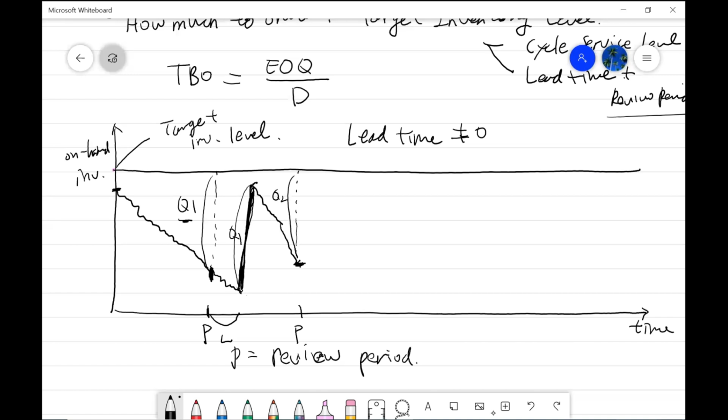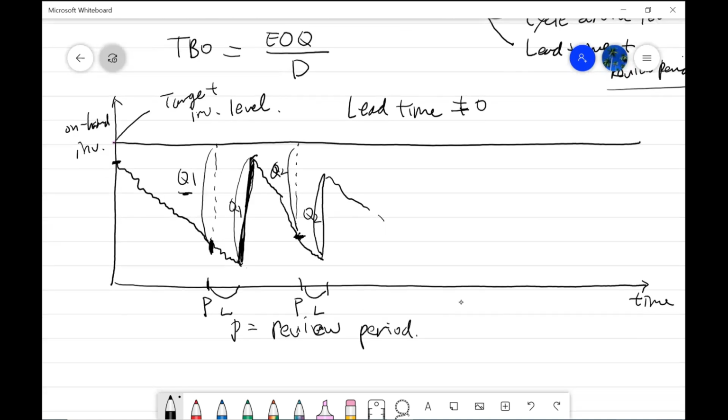That much I'm going to order. But still I cannot receive that ordered product. I have to wait for the lead time, during which my inventory level is still decreasing. Only after the lead time is over can I receive the Q2 I previously ordered. So this is what happens to the inventory level under the periodic review system.